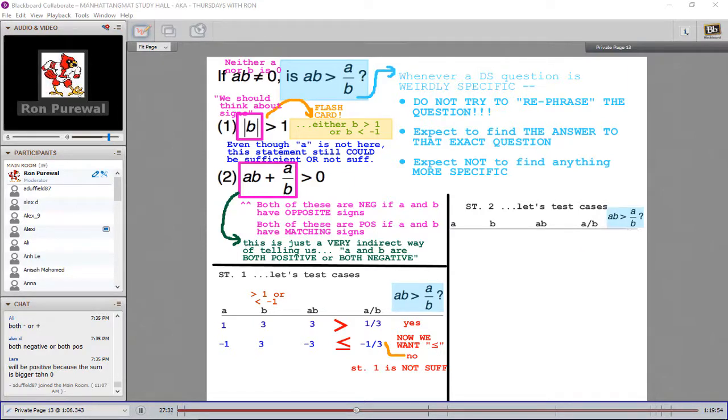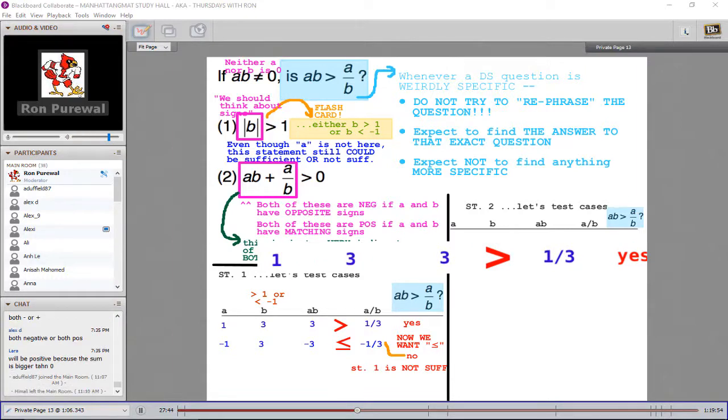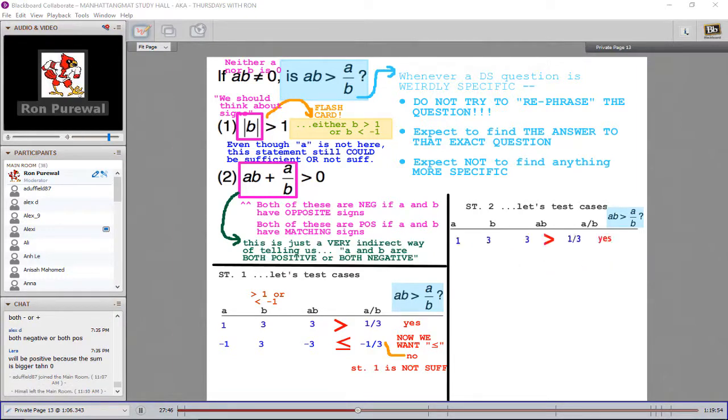All right, let's do it. Remember, we can keep this case from statement 1 because A and B are both positive. The first case that we tested, we can keep that. You should try to keep cases that you tested before so that you don't waste time doing extra work.